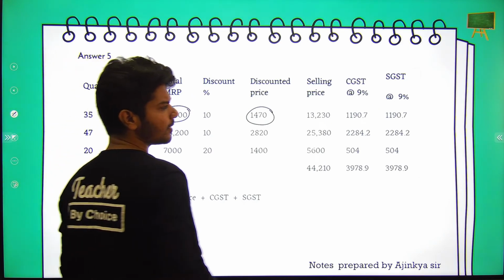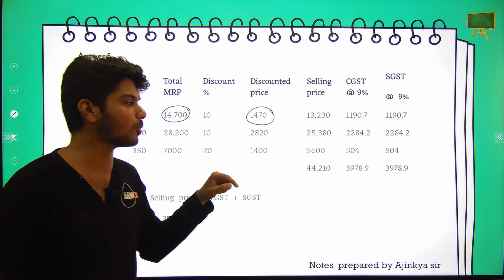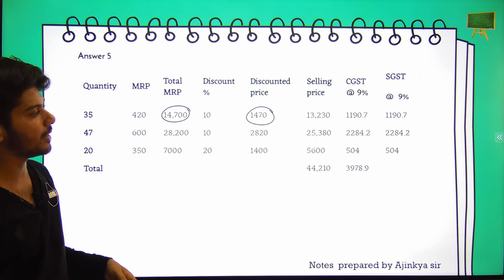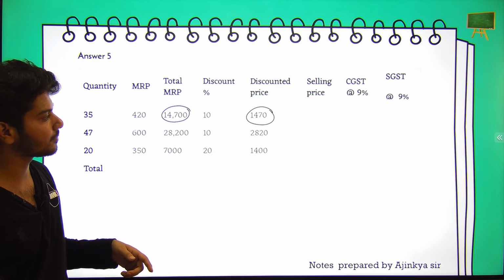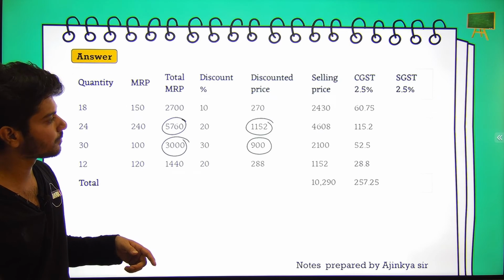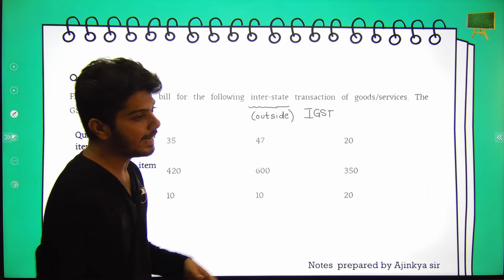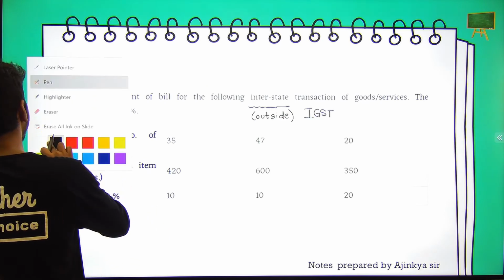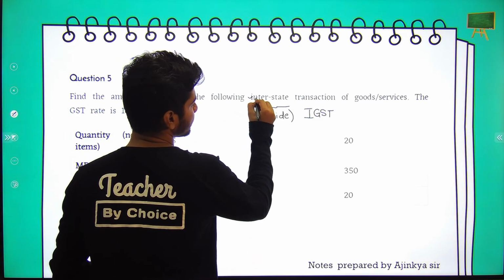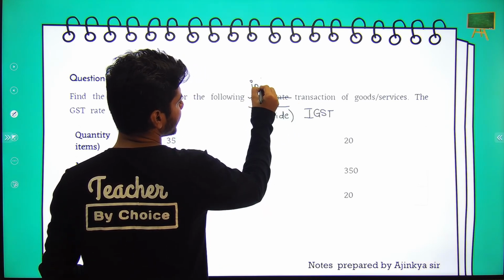Okay, or actually, I think we should manipulate the question instead. We'll do one more sum in which we'll take intrastate. Just a minute. Interstate is given, so let's make it intrastate.